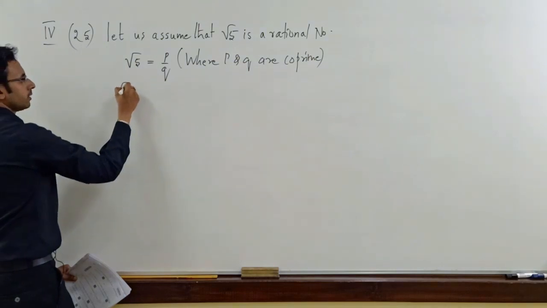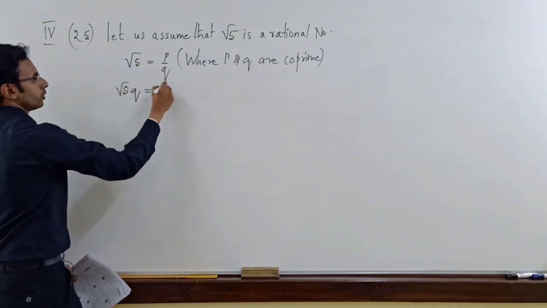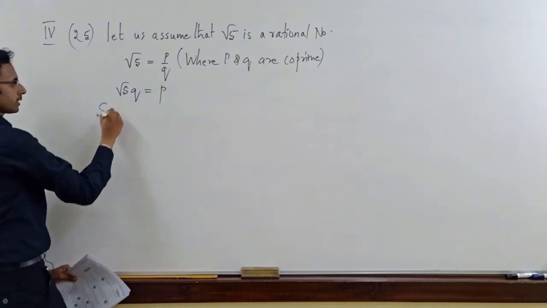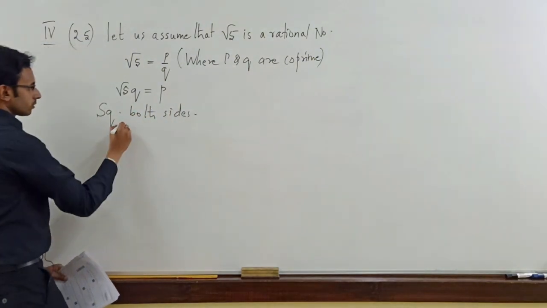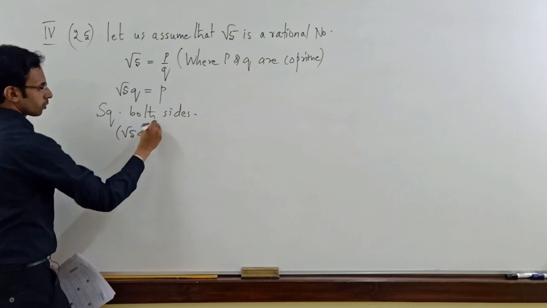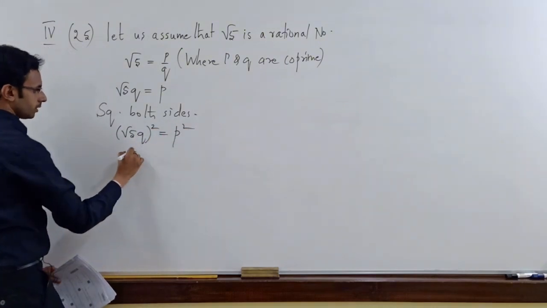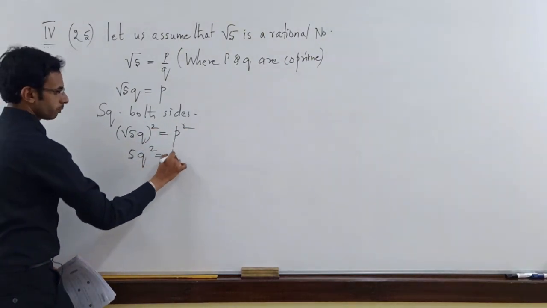Let us cross multiply: root 5 into q is equal to p. The next step is squaring both sides. So you get root 5q whole square is equal to p square. Here you get 5q square is equal to p square.